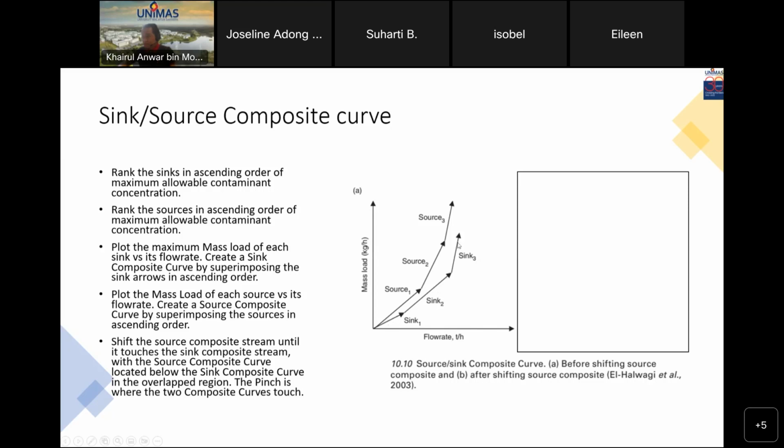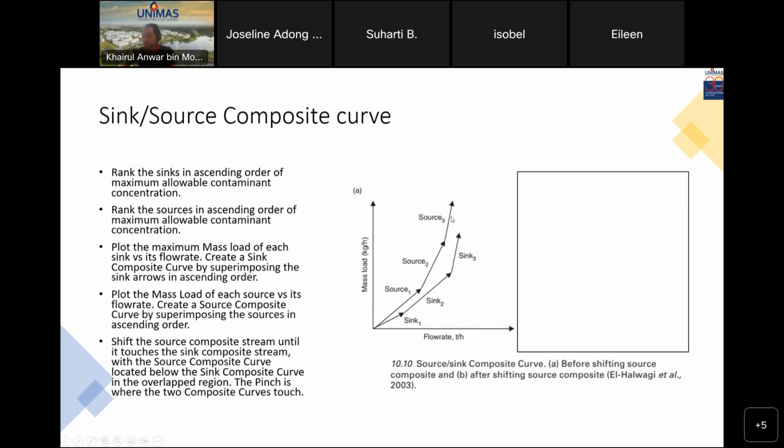We need to plot the sink and the source. Plot the maximum mass load of each sink versus its flow rate. Create a sink composite curve by superimposing the sink arrows in ascending order. Plot the mass load of each source. The ranking of the source in ascending order is based on the ascending order of maximum allowable contaminant concentration. Then you plot the source composite curve.